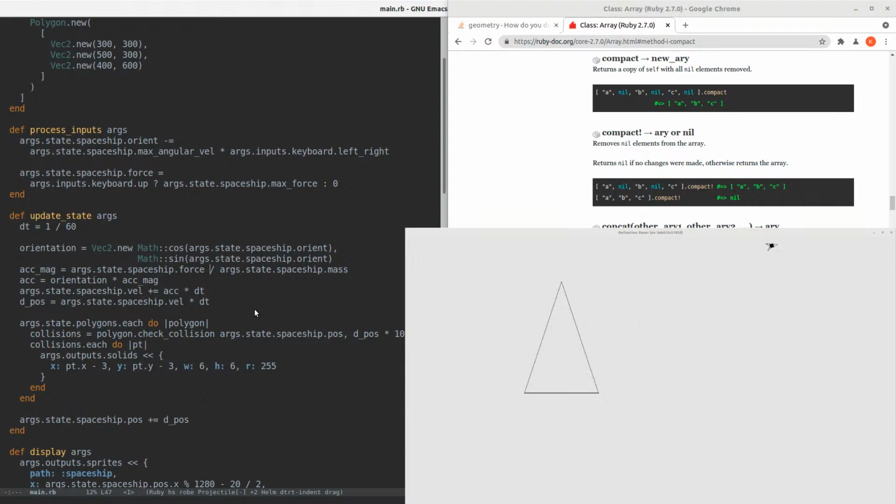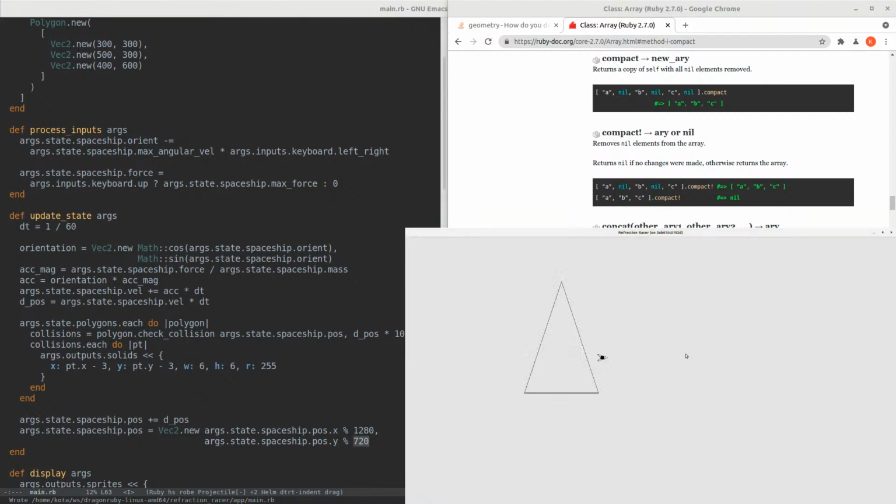So we actually need to apply our position here. We'll just create a new vector on this, args.state.spaceship.position 1280 .x, args.state.spaceship.position.y.